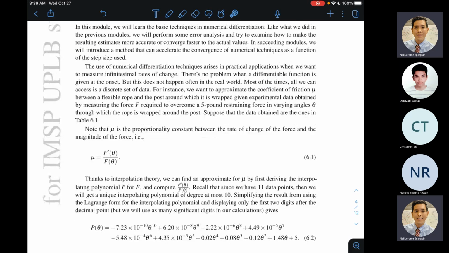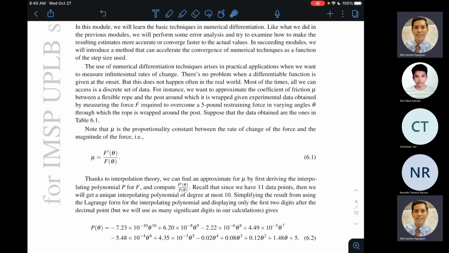Now, the motivation behind the numerical differentiation schemes, again, ay nag-arise dahil dun sa common problem na nakita natin dun pa lang sa simula when we discussed the polynomial approximation. We said that the type of data or information we get from the real world or from experimentations or from observations are usually discrete in nature.